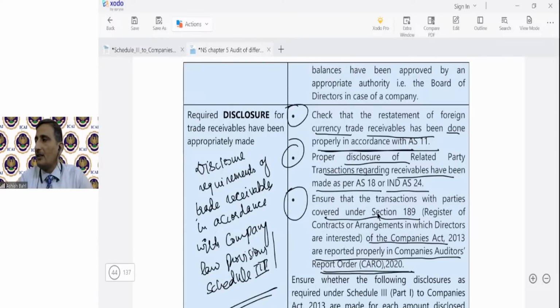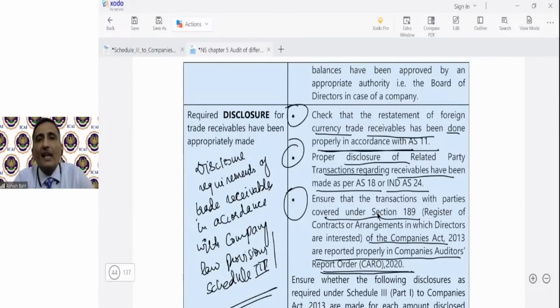Yes, Sangeeta, you are asking what does aging report mean? Aging report means a report generated by the company's information system, which divides trade receivables age wise, like say less than 1 year, between 1 to 2 years, between 2 to 3 years.